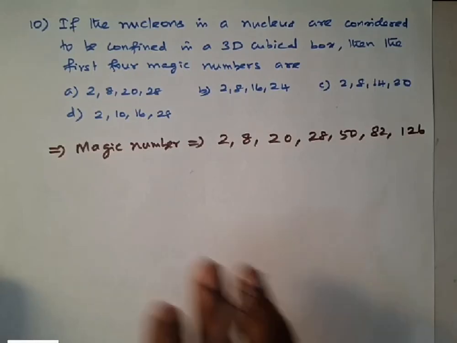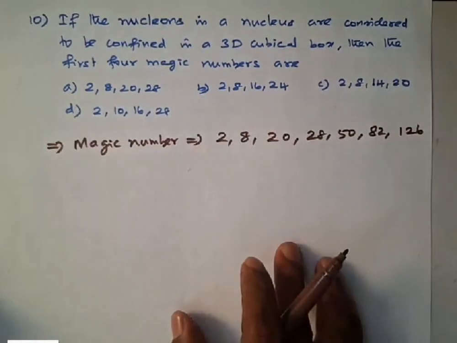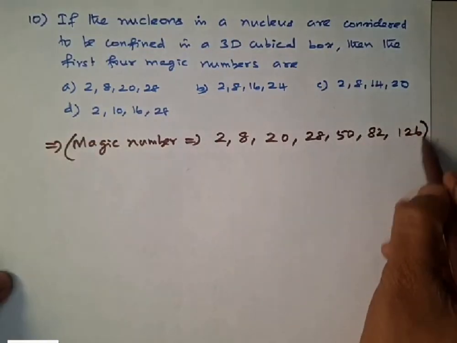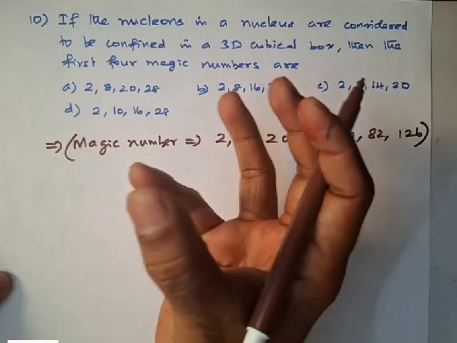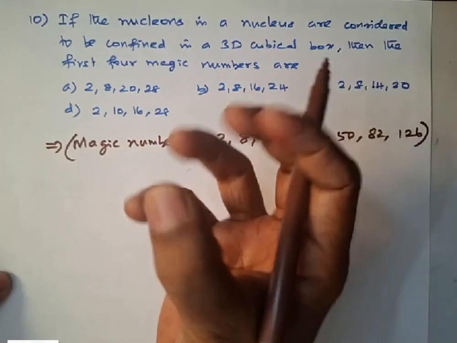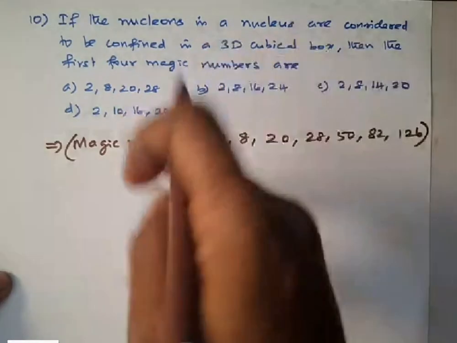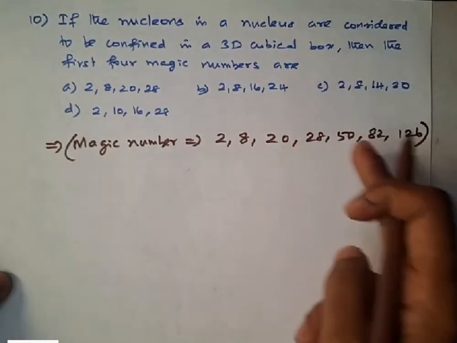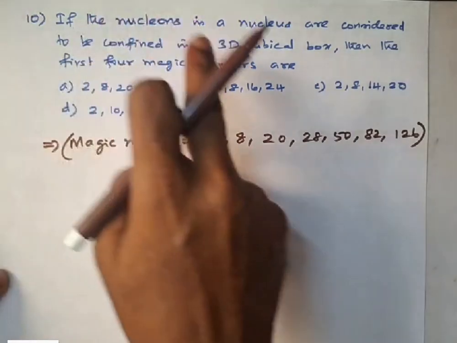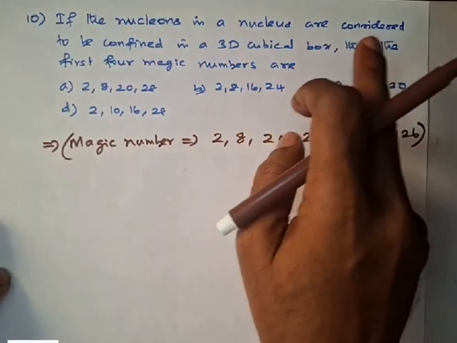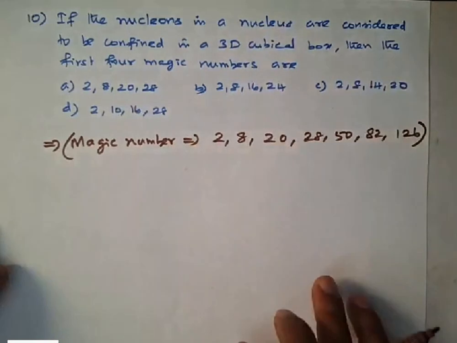Now listen, these are the usual magic numbers. But here the nucleons are present inside the nucleus. In a nucleus we assume a spherical body, and we do a different calculation to get this. But what is given here is that the nucleons in a nucleus are considered to be confined in a cubical box.